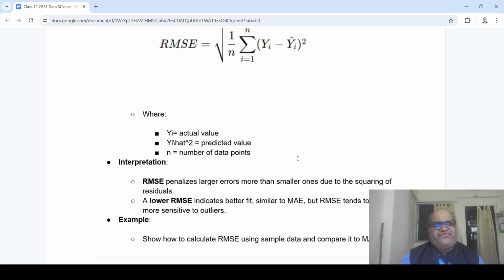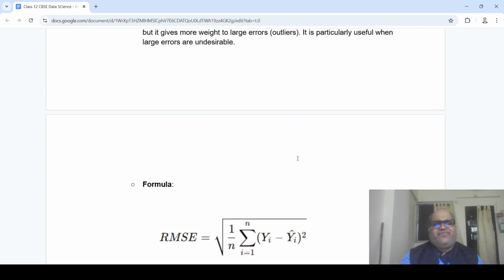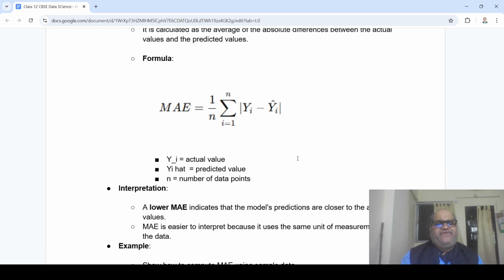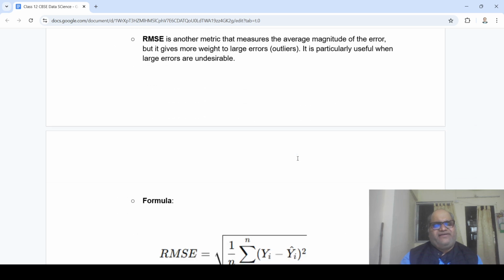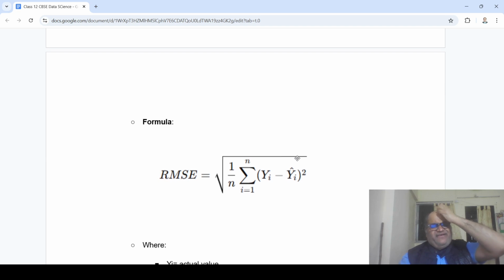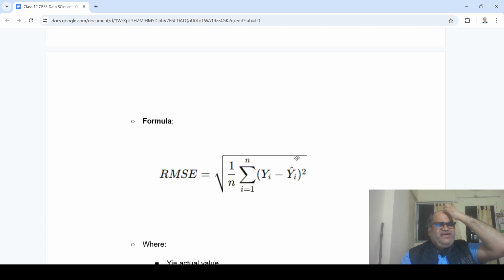Another important thing, if you see here, for the same data point or the same kind of fit, in your absolute value you just take the difference, while in your mean squared error you square it out. So root mean square error will typically have a larger numeric value.